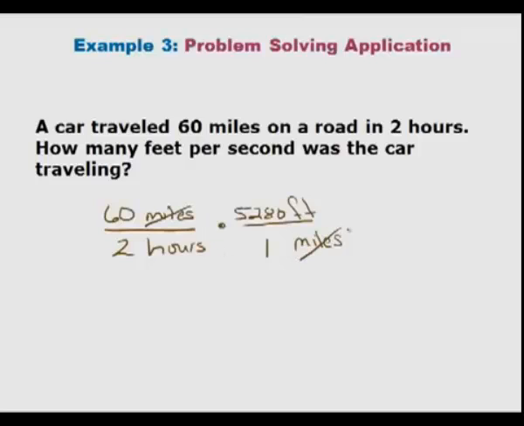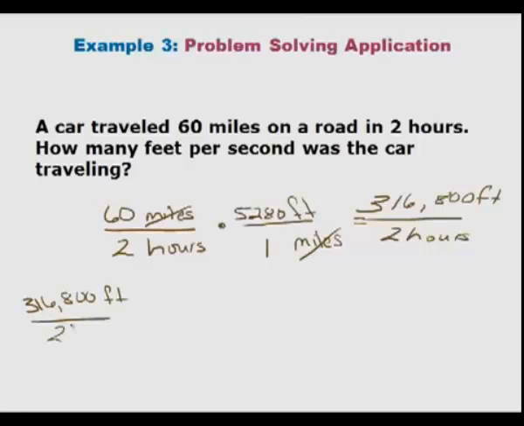So we're going to cancel this out, and we now have 316,800 feet over 2 hours. Make that a little neater right here where I have a little more room. So we now have 316,800 feet per 2 hours.